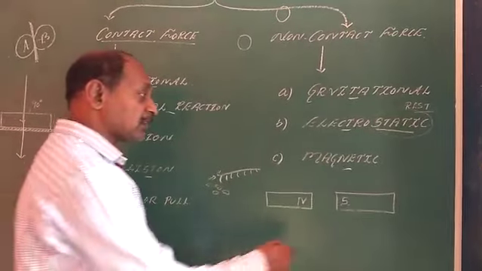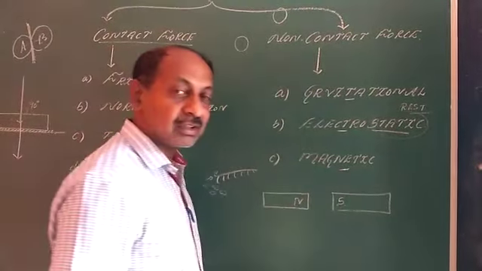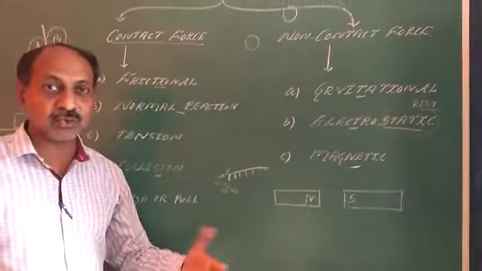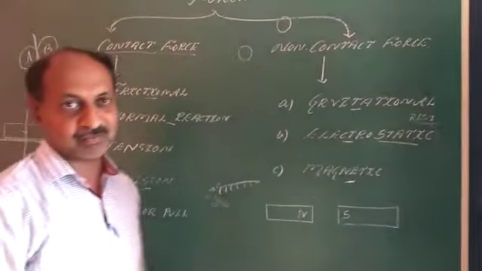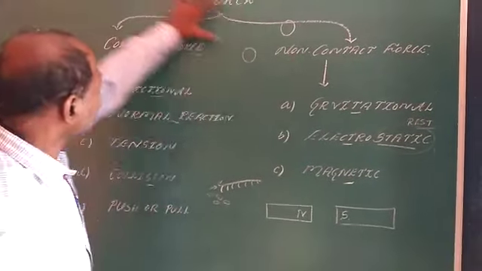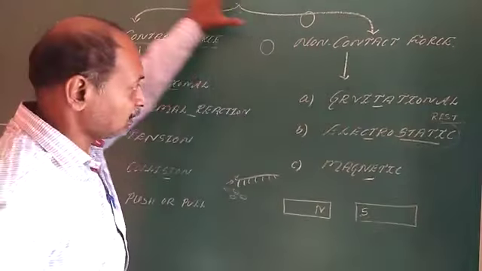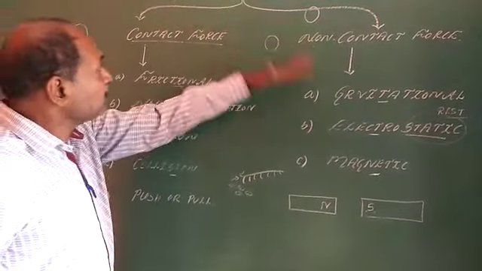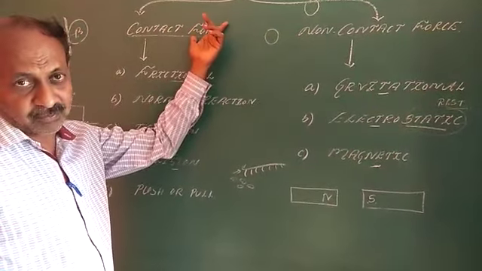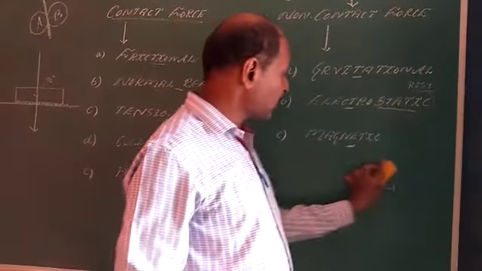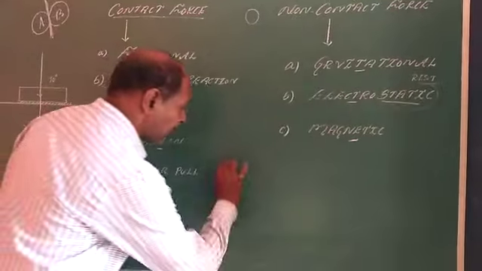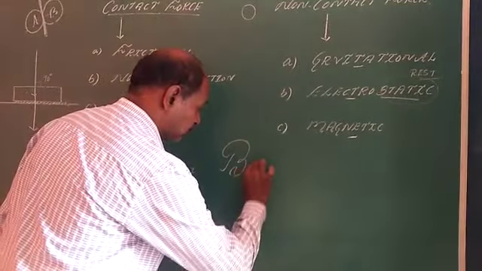The force exerted by magnets, attractive or repulsive, is termed the magnetic force. So these are the two types of forces. Besides these forces, we have another important concept: balanced force.